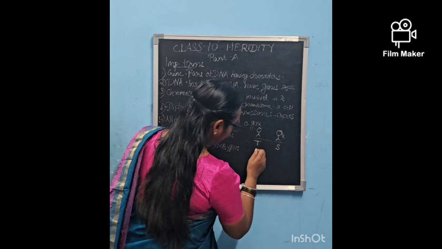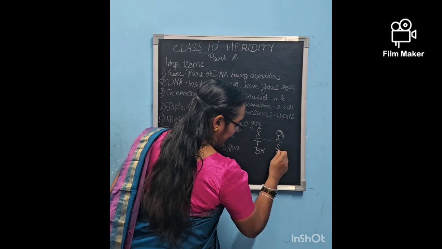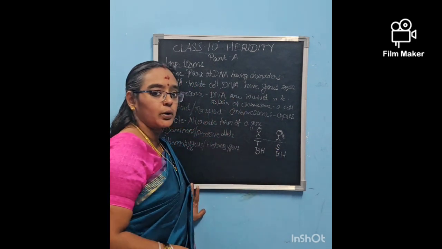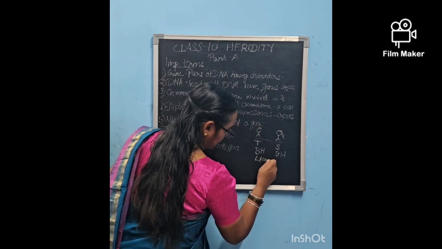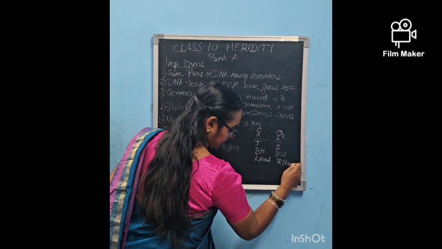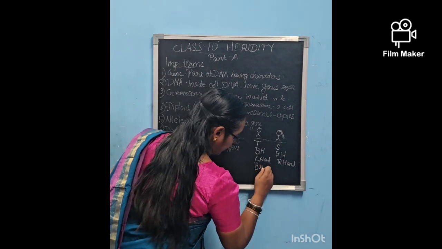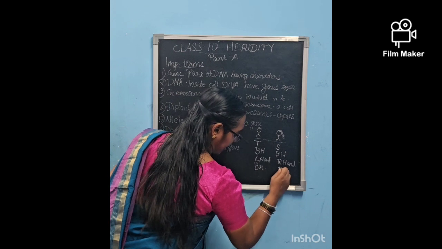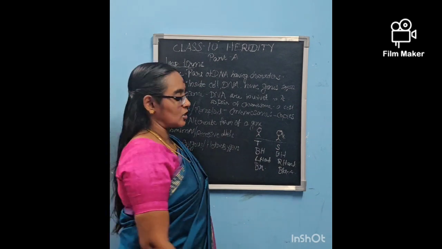Father has black hair, mother also has black hair. Father is left-handed, mother is right-handed. Father has brown eyes, mother has black eyes. Okay, these are the specialties.